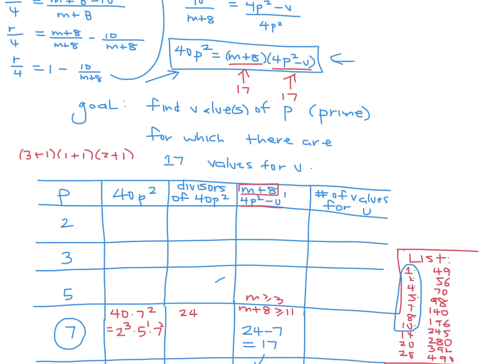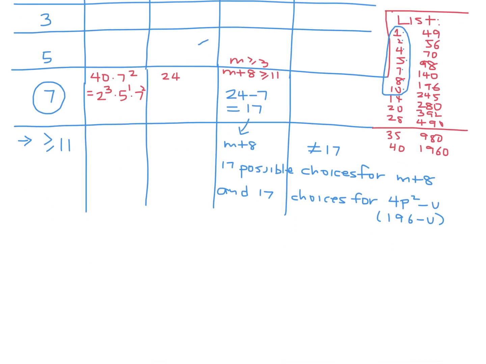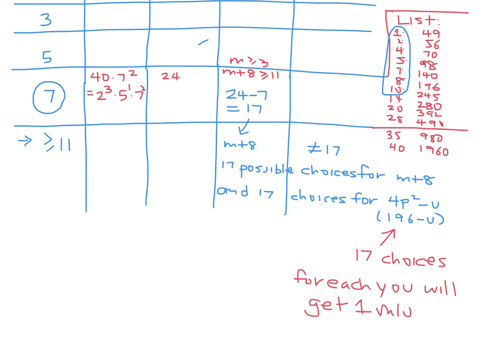And then 4p squared minus u, when p is equal to 7, is basically 196 minus u. And 196 minus u will have 17 choices. And for each of those, you will get one value for u, for a total of 17 values for u. And that happens when p is equal to 7.